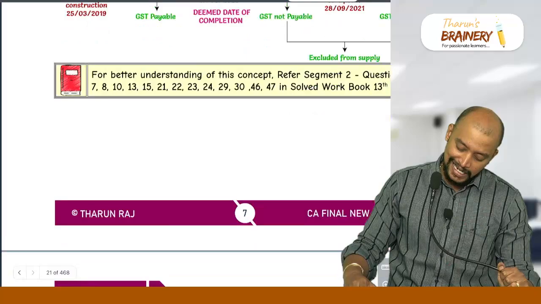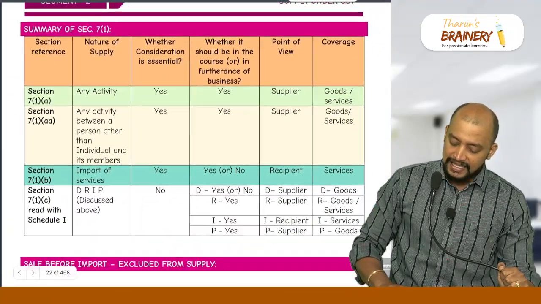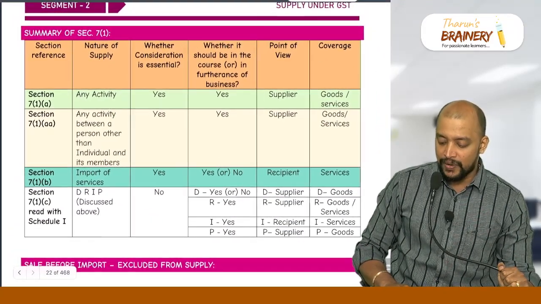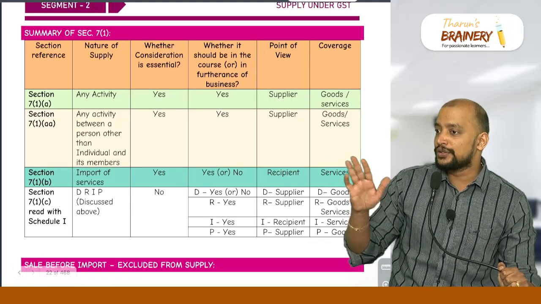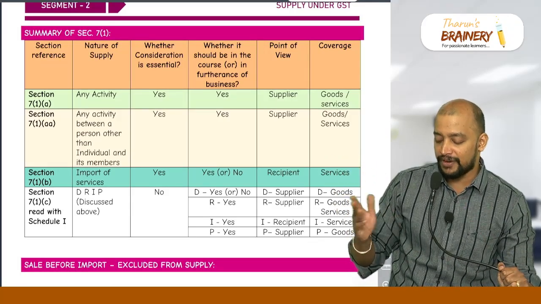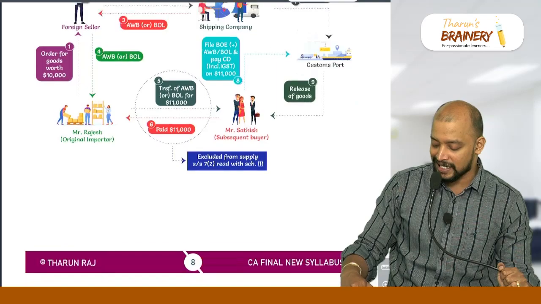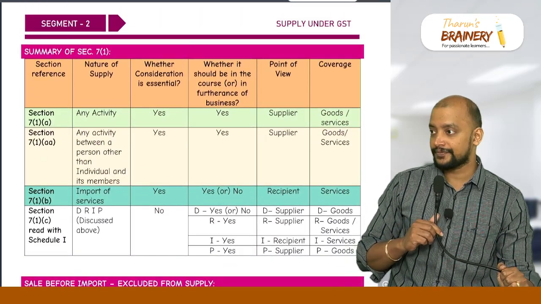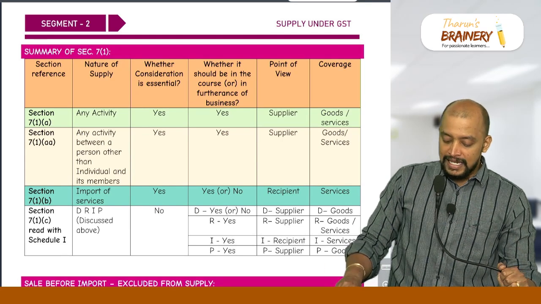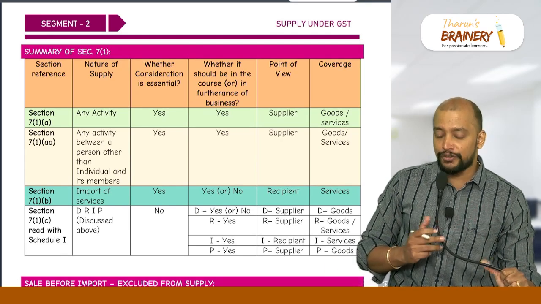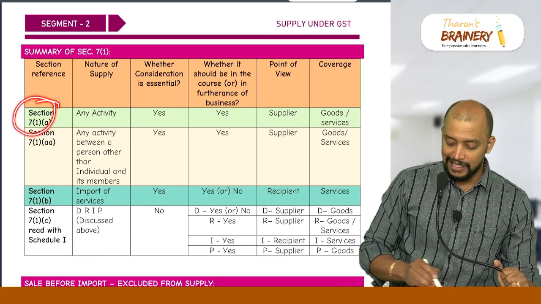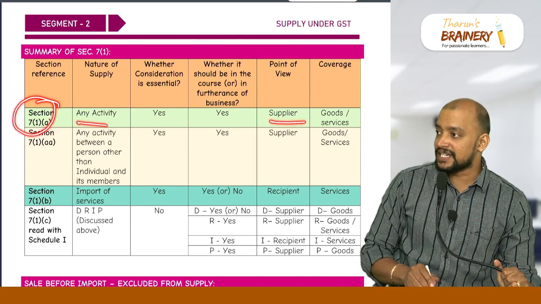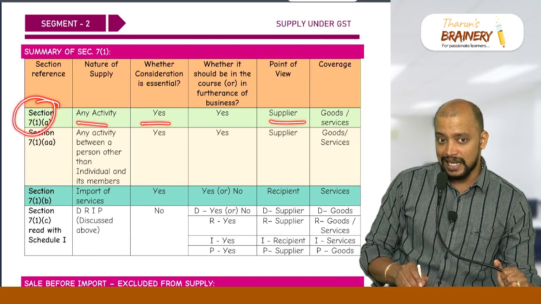Now you can see the summary of 7 subsection 1. There I have just given those differentiating points, like from whose perspective we need to see, etc. Page number 8. 7.1a, from whose point of view? Supplier. Any activity, consideration yes.